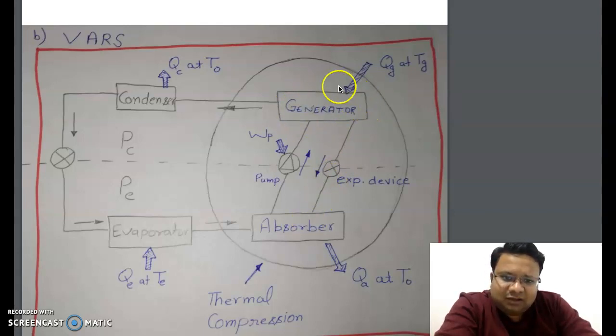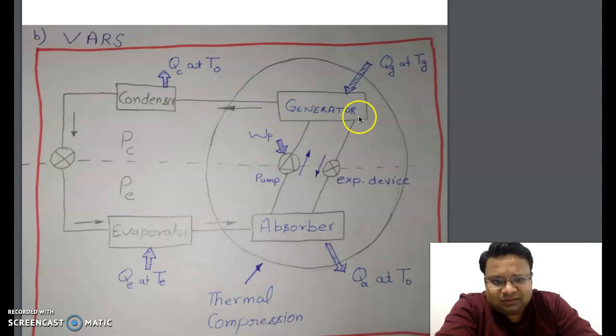Now how is it doing this? Generator is basically using the low grade energy, that is QG. So it requires heat to separate the two parts of that strong solution.